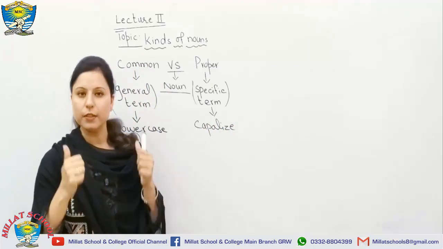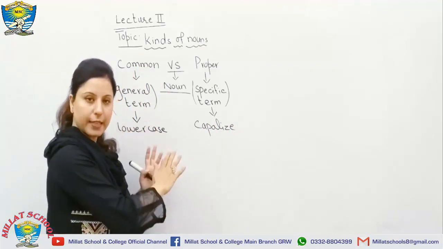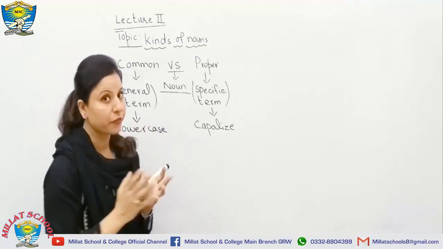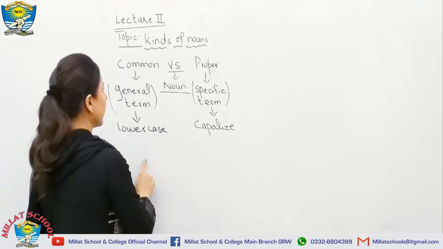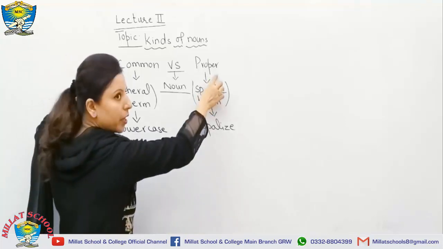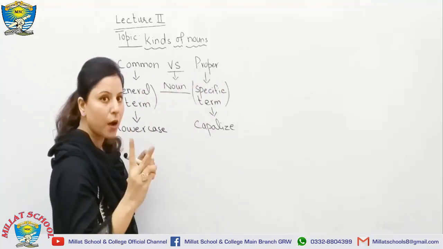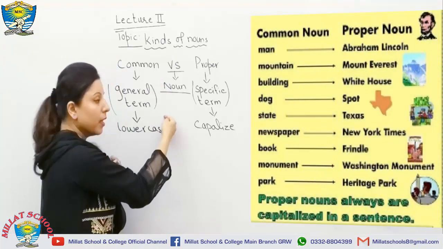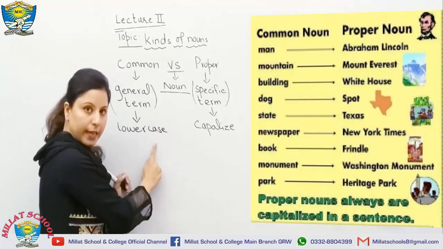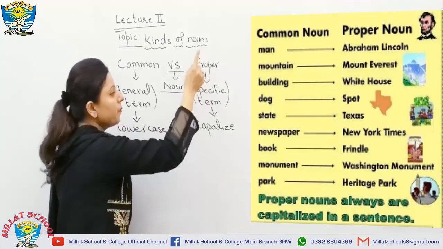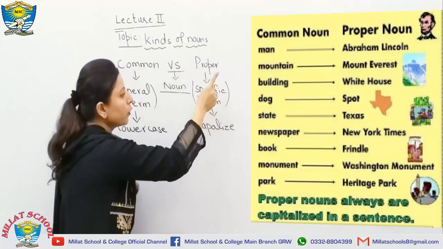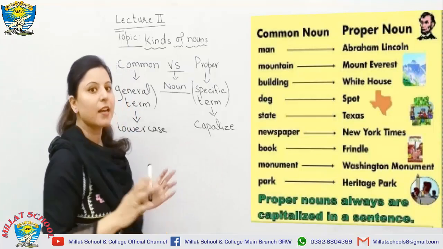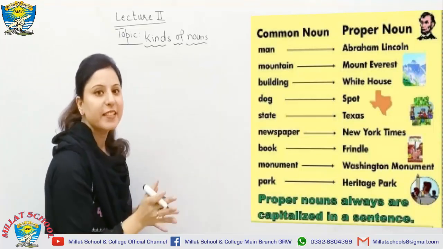So first learn the rules of dividing them and writing them. Then we will share a few examples with you. The first thing is that common noun and proper noun are the 2 examples of the noun. The common noun is a general term of something that must be written in lowercase letters. And the proper noun is a specific term, and for that you must write it in capitalized form. Right, these are the 2 rules. Let's share the examples.